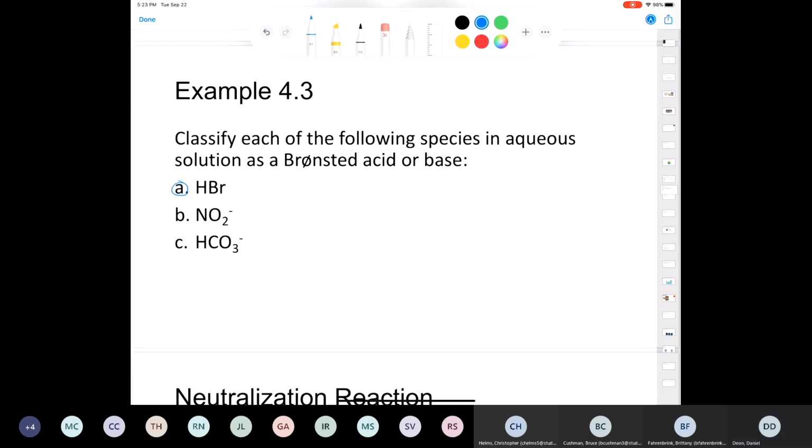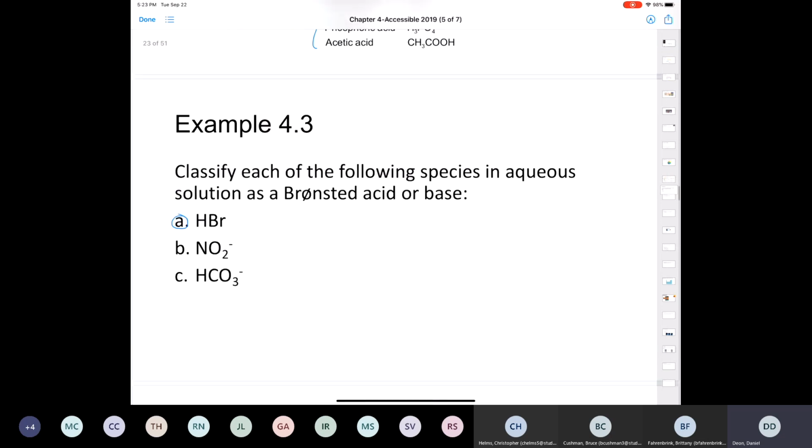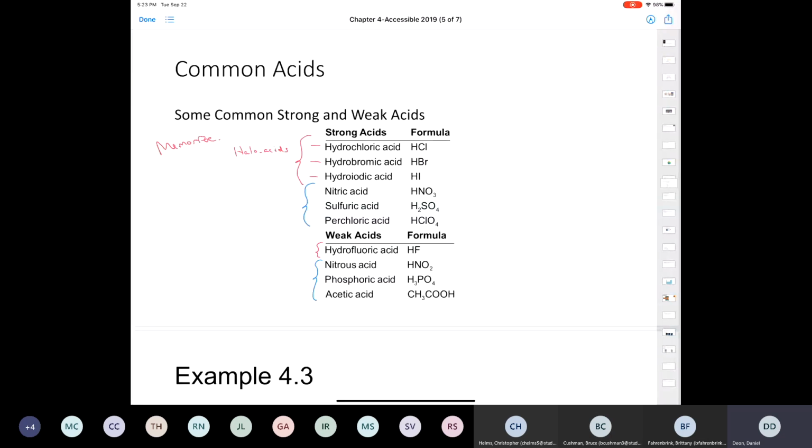Okay, I got a bunch of people that are saying that HBr is an acid. But look, if we go back here, we see that HBr is hydrobromic acid.